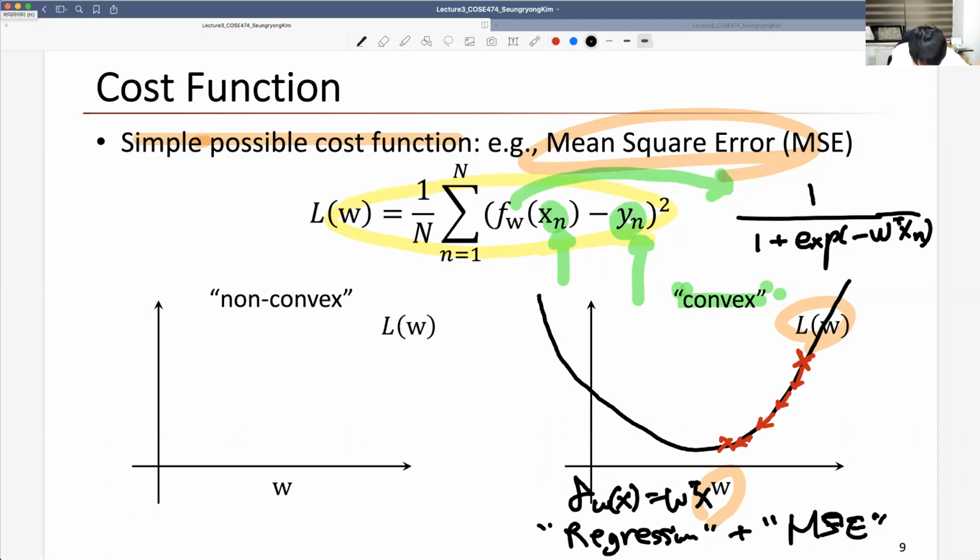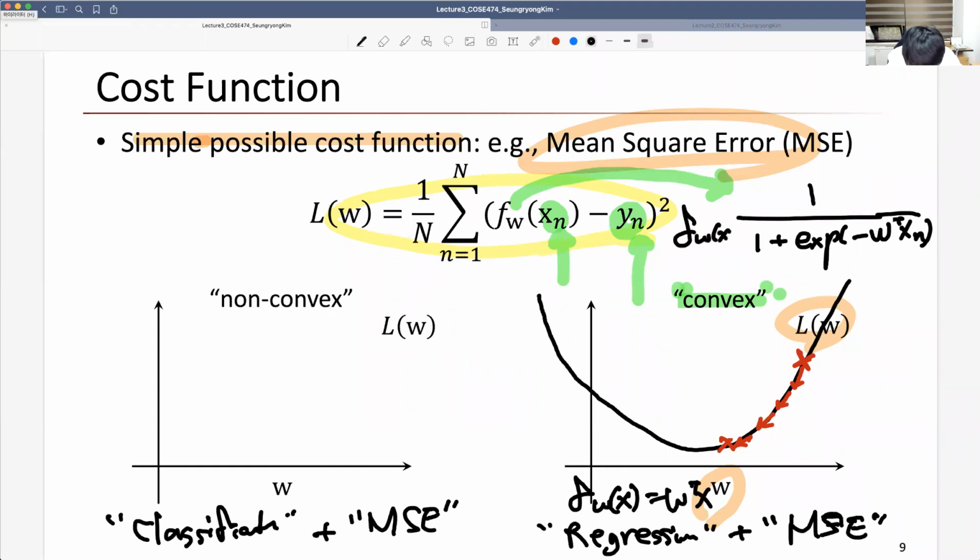But here's the problem. In a classification algorithm, let's say classification plus MSE, the mapping function f(W,x) looks like this, right? In this case, the loss curve with respect to the W looks like this.